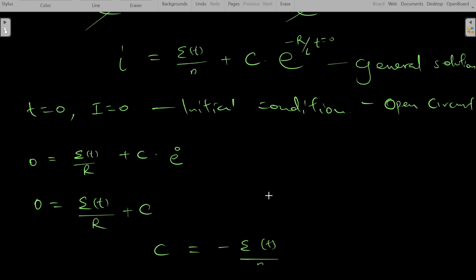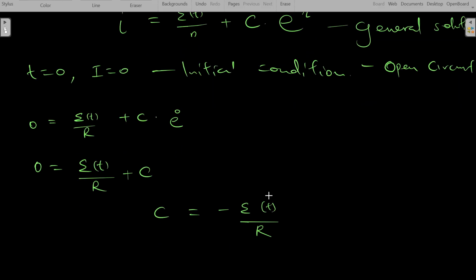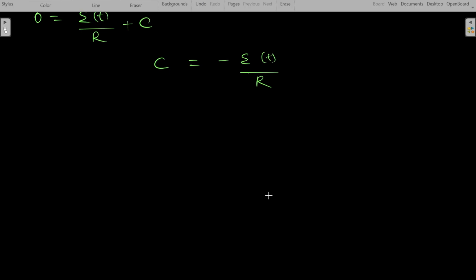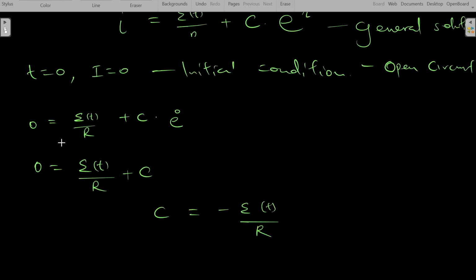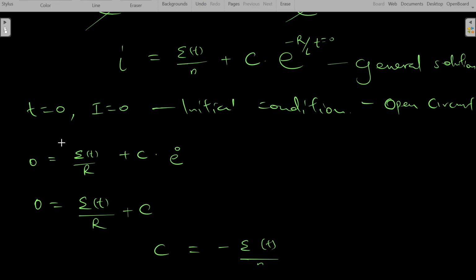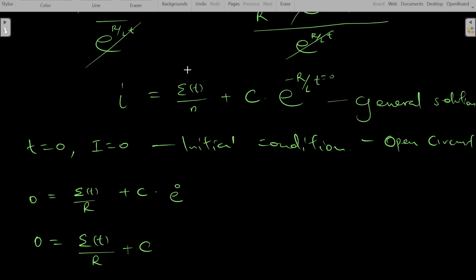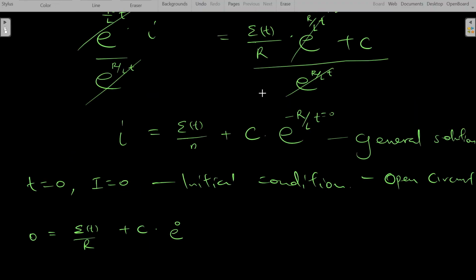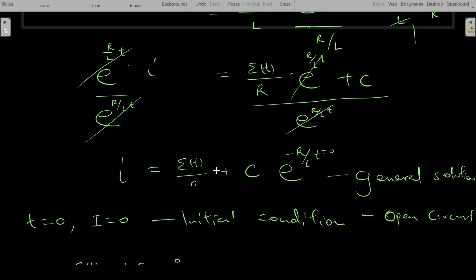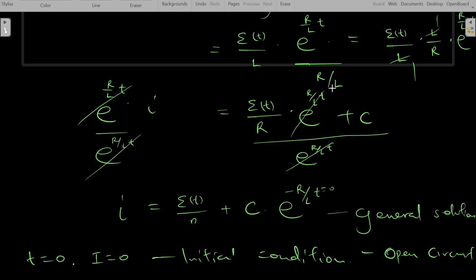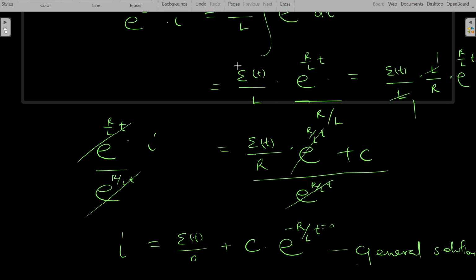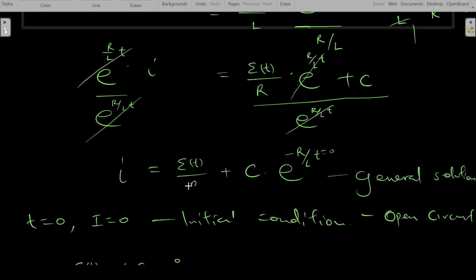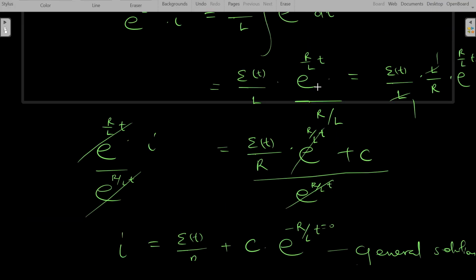So let's substitute back inside the general solution. The general solution was I equals e divided by, let's check please, we were saying this is e divided by l, so this should be l.